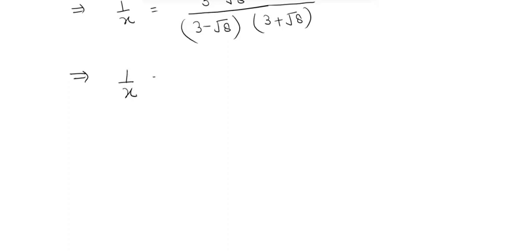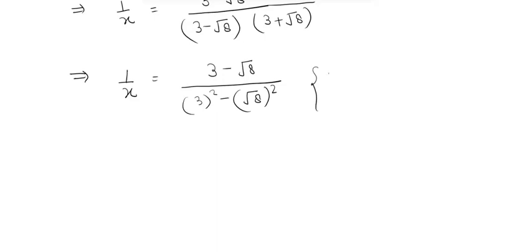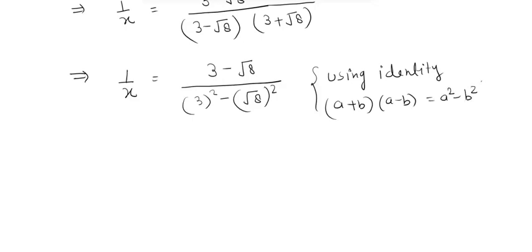So 1 by x is equal to 3 minus square root 8 divided by 3 square minus root 8 square, using identity a plus b, a minus b is equal to a square minus b square.